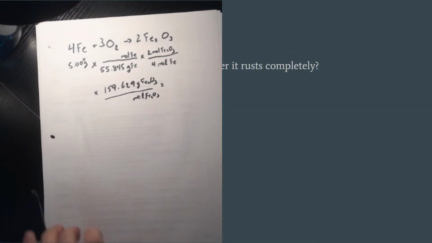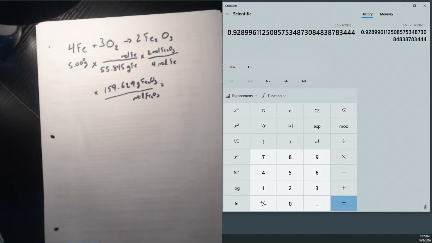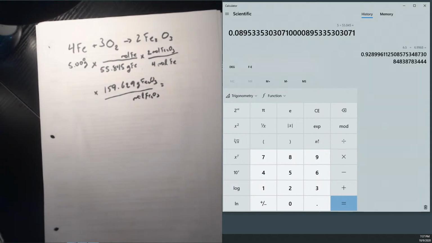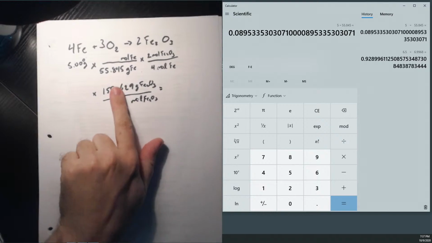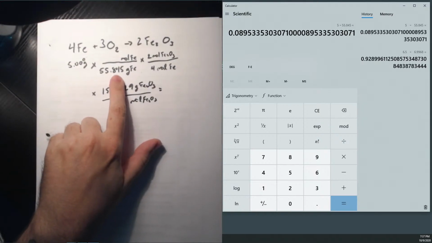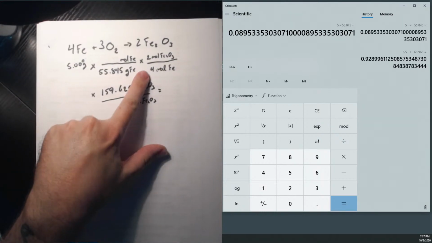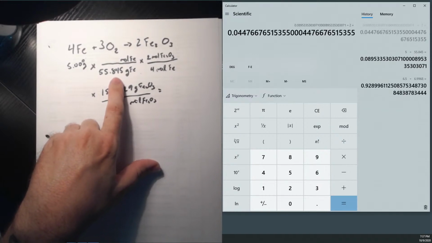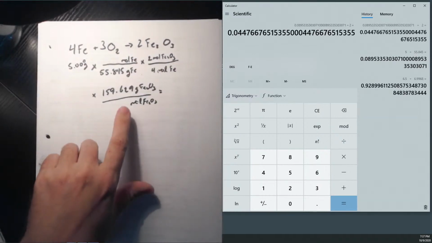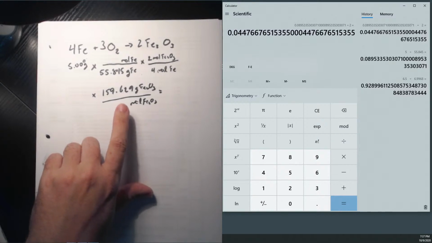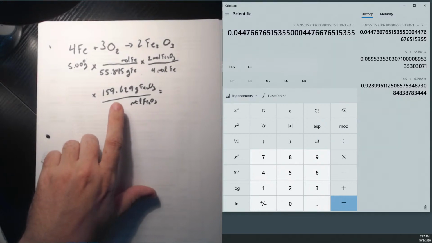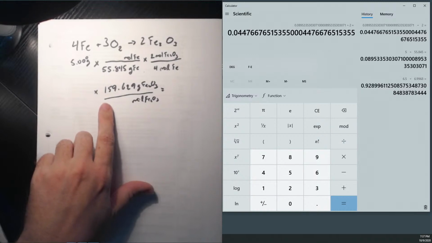Okay. All right, so now we bring up our handy-dandy calculator, and we see 5 divided by 55.845. That gives us 0.089 moles of iron. Then we divide by 2, because 2 over 4, you're just dividing by 2. So only 0.0447667, blah, blah, blah, moles of rust, Fe2O3.